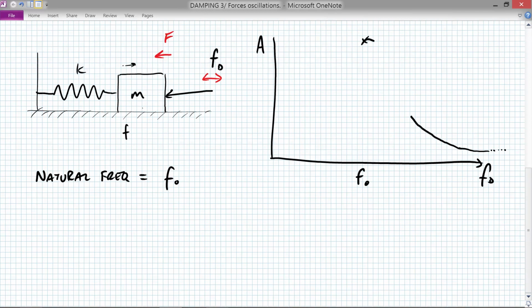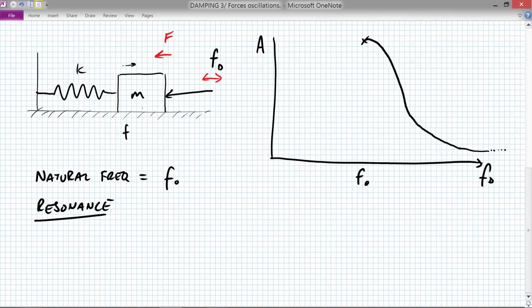Here is my natural frequency, and it peaks and levels off there. Things like to vibrate at their natural frequency. So when I give it a push at just the right frequency, its amplitude is going to get bigger and bigger and bigger. It'll just keep increasing. And we call this resonance.